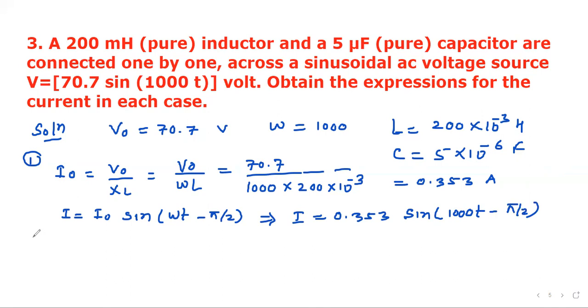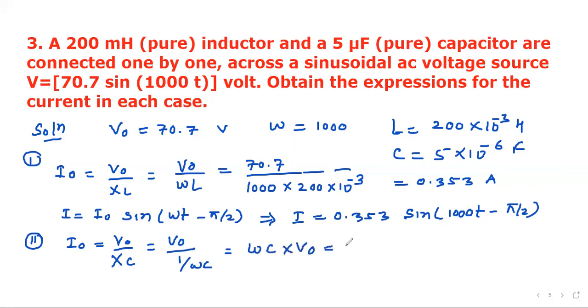Now we consider capacitance. So I0 will be equal to V0 divided by XC. So XC is 1 upon omega C, that is omega C times V0. So omega is 1000 into capacitance is 5 into 10 to the power minus 6 into V0 is 70.7.